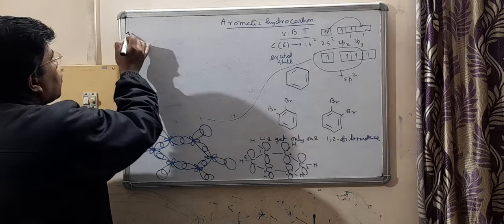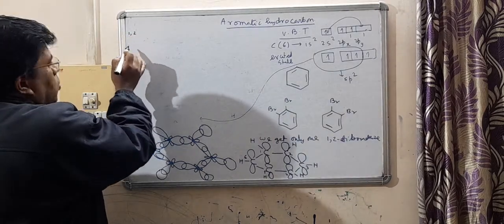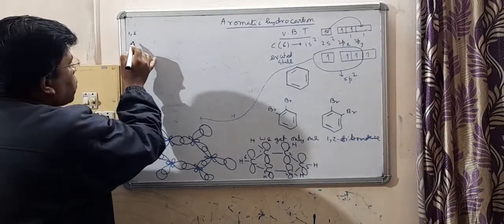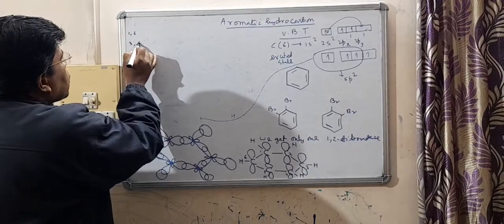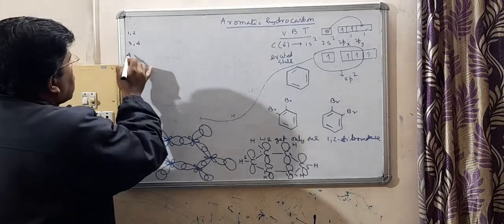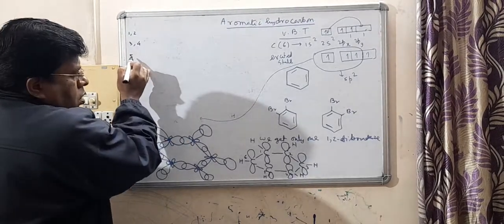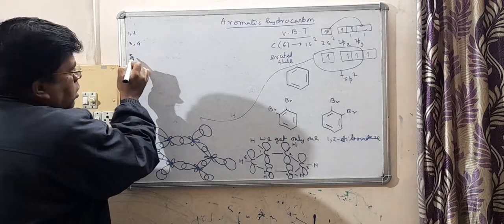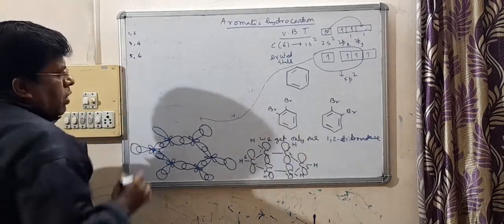Okay, so 1 and 2 sideways overlapping, then 3 and 4 sideways overlapping, then 5 and 6 sideways overlapping.